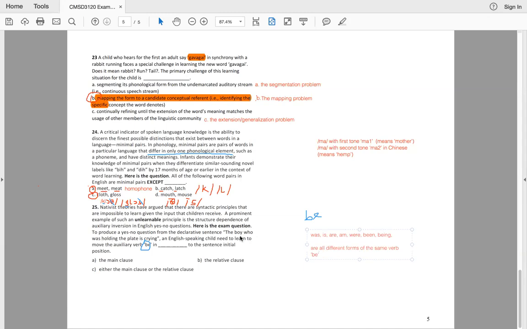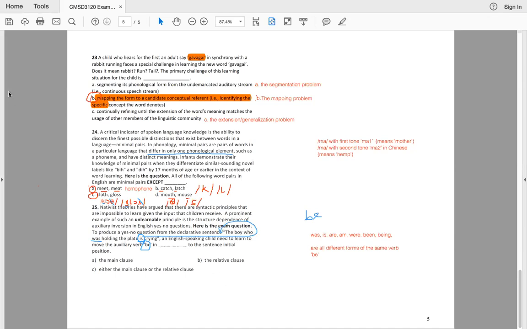So basically the question you ask me is whether we move was or do we move is to the beginning of the sentence? Of course, you know the boy who was holding the plate is crying. So in this case, you need to move is to the beginning of the sentence.